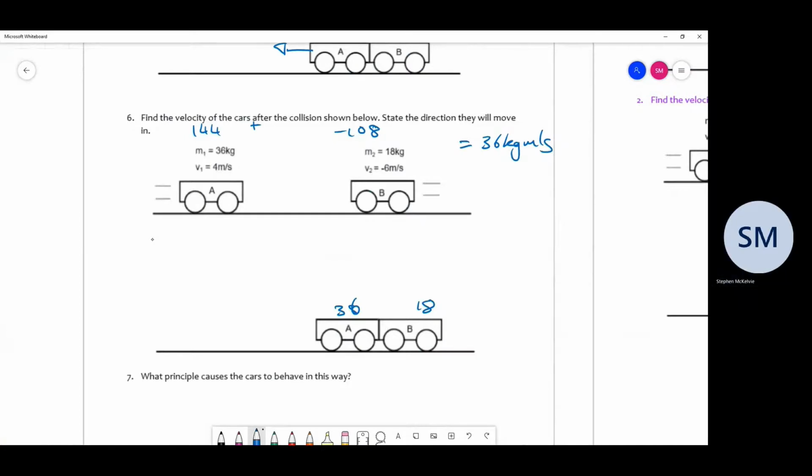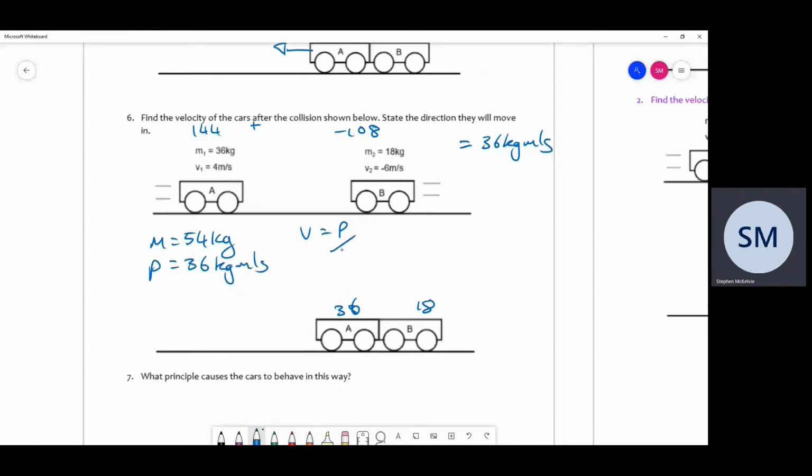Total momentum 36 kilogram meters per second. And my velocity will be momentum divided by mass, at 0.66 meters per second.